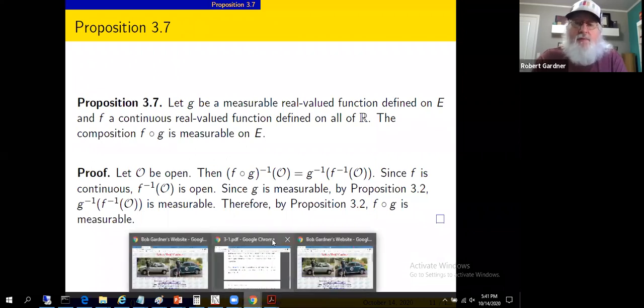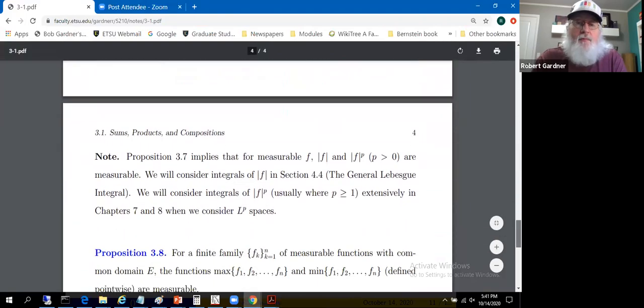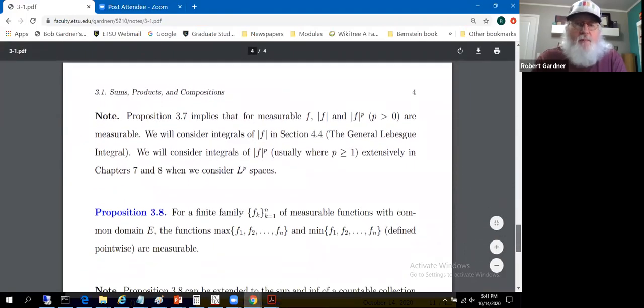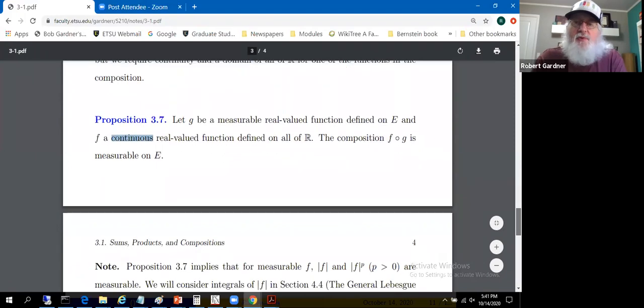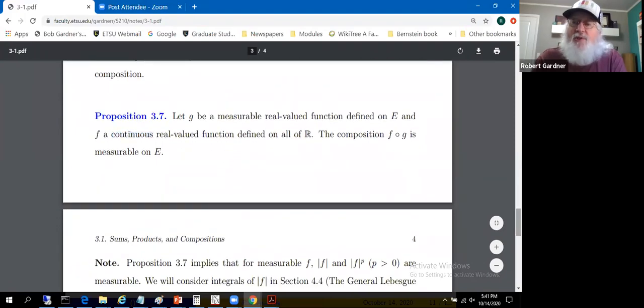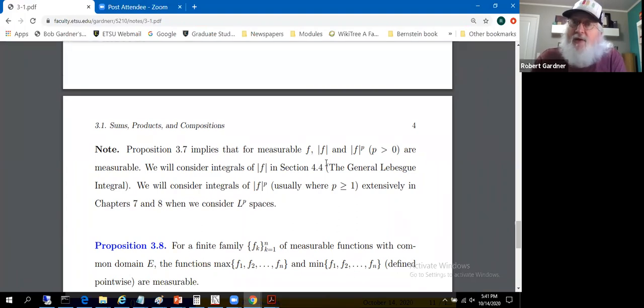Back to the notes. Okay, one final thing to prove. Let's see, proposition 3.7 dealt with compositions, certain constraints. Proposition 3.7 implies for F a measurable function, the absolute value of F is a measurable function.